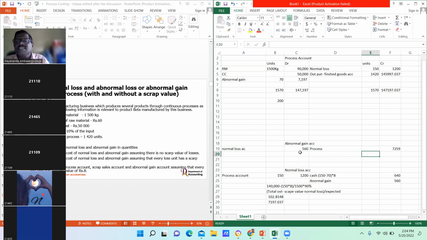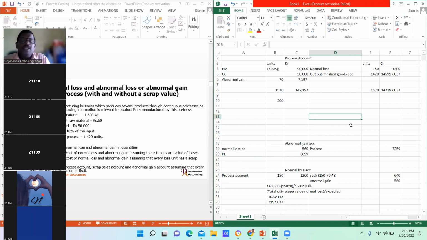And there is a difference in the abnormal gain account. That difference will be charged to P&L. So this 699 will be charged to P&L. That is the logic.